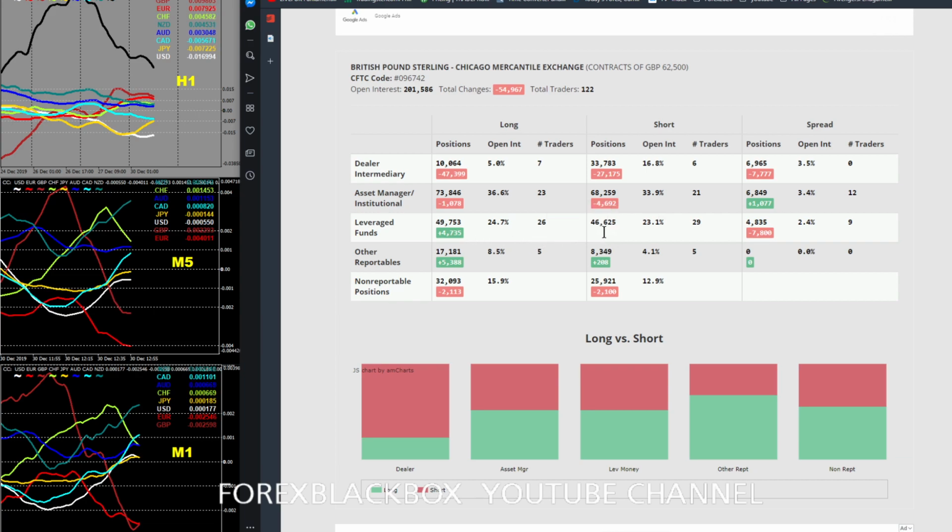No, no, sorry guys, I got that the wrong way around. They took 6,700 contracts off the short, and they added 4,000 to the long side. It's almost even. So I can say pound is flat, waiting for the end of January to see what Brexit's gonna end up like and all that.